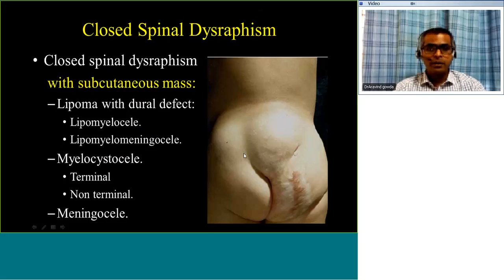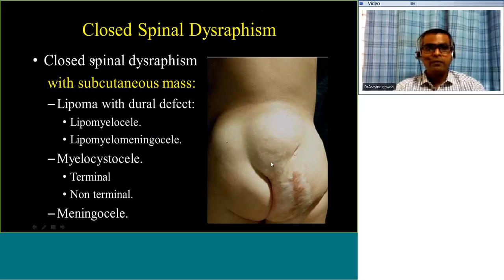So this is an important information, because the ones which are situated below the intergluteal cleft can be seen in the caudal regression syndromes, or in sacrococcygeal teratoma, where you can see some mass there also, but they are located below the intergluteal cleft.